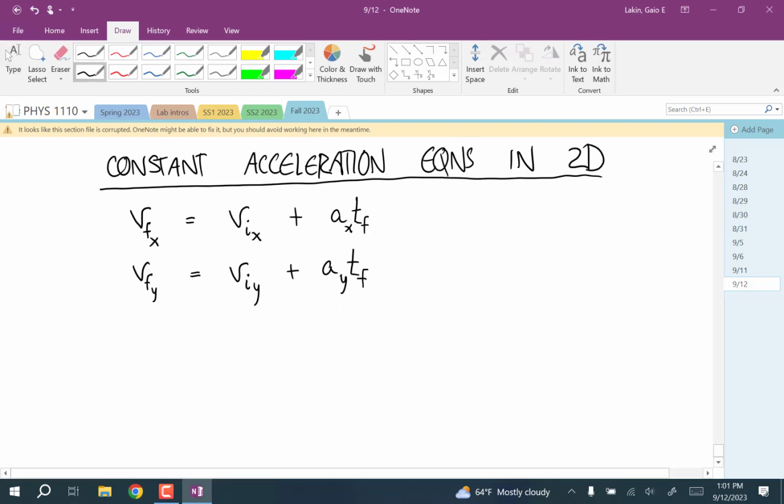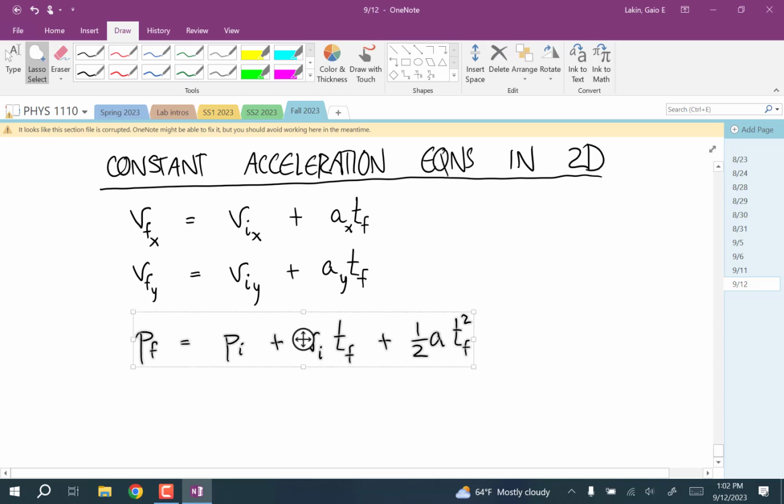Then the second equation said PF is equal to PI plus VI TF plus 1/2 A TF squared.